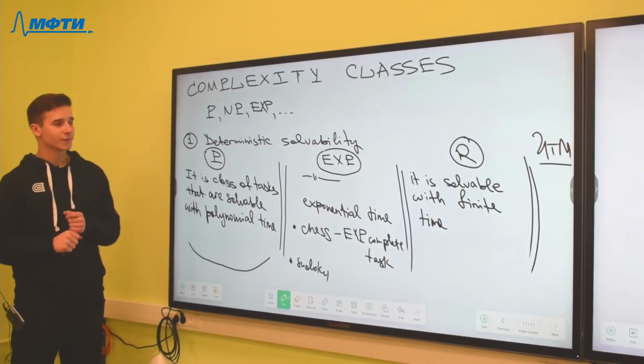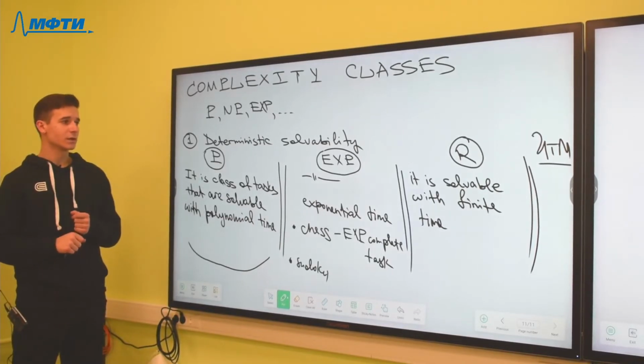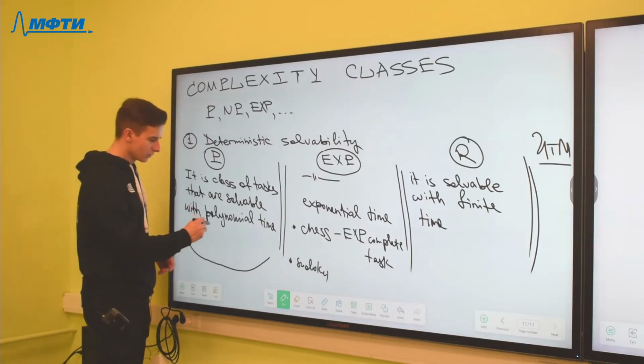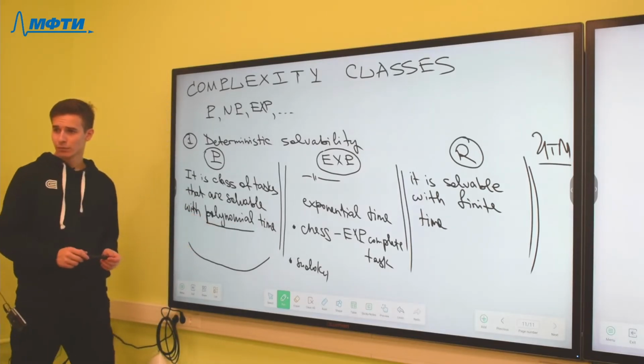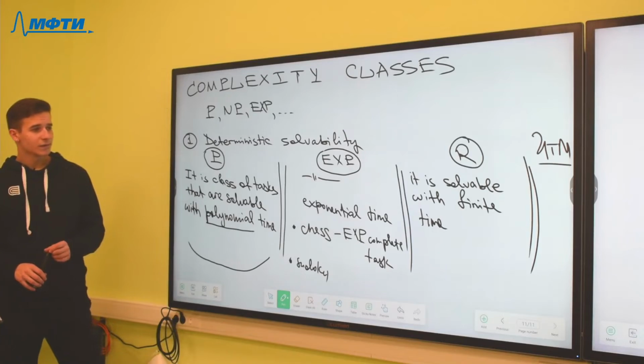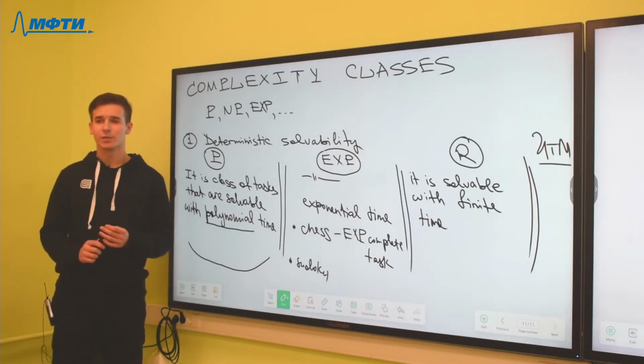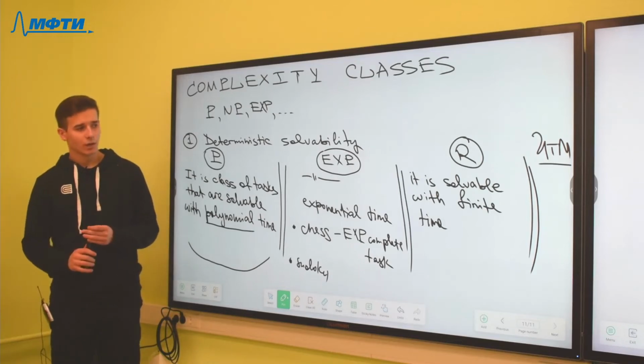So there are some deterministic classes that are connected with boundaries for time. And there are some classes, of course, that have boundaries for space.